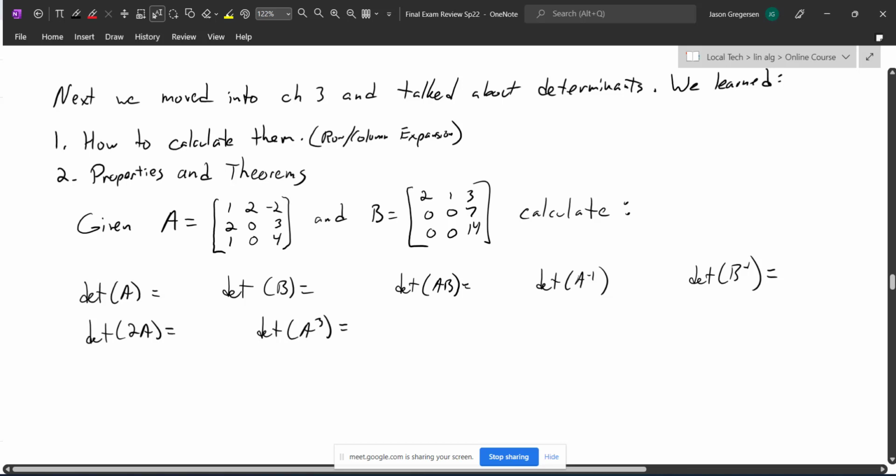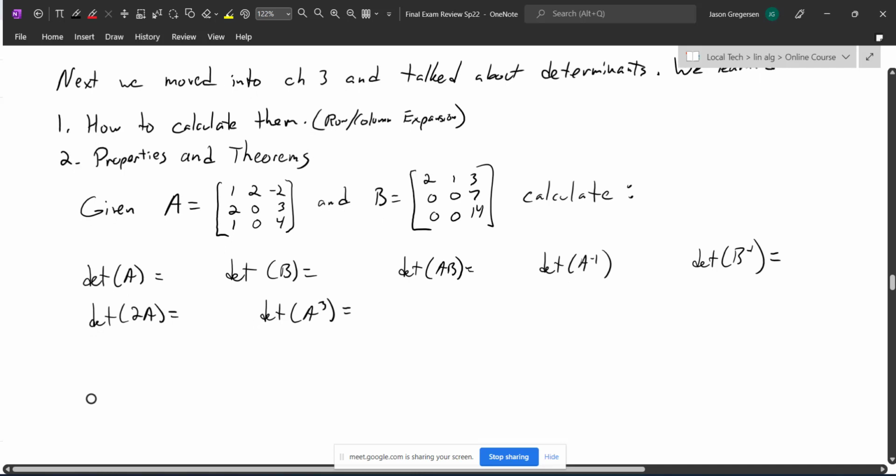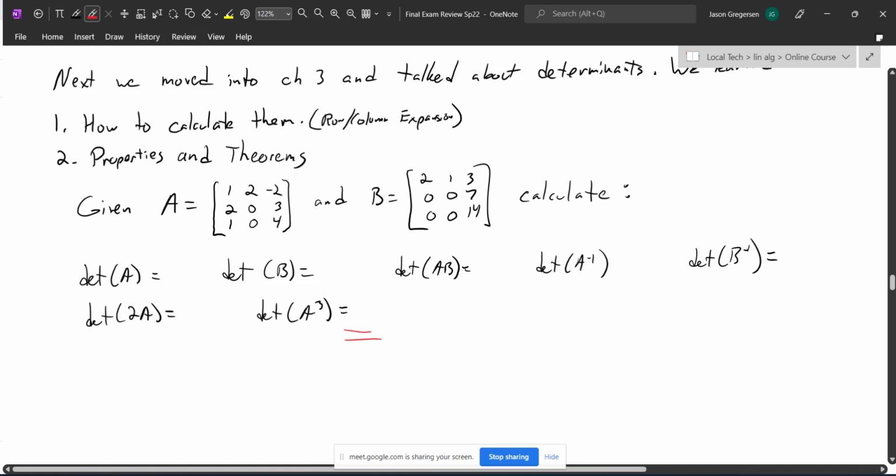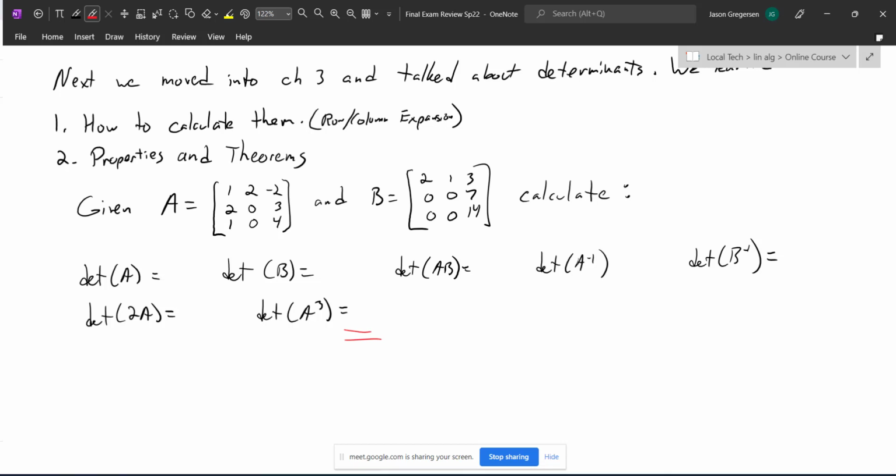And then we also had properties and theorems related to determinants. So number 2 says, here's my matrix A and my matrix B. Calculate all of the following determinants. You should really only have to do a full calculation for the first one, and there should be shortcuts or properties related to the rest. So go ahead and calculate all of these determinants, and when you're all done, put your answer to the last one, the determinant of A cubed, into the chat.